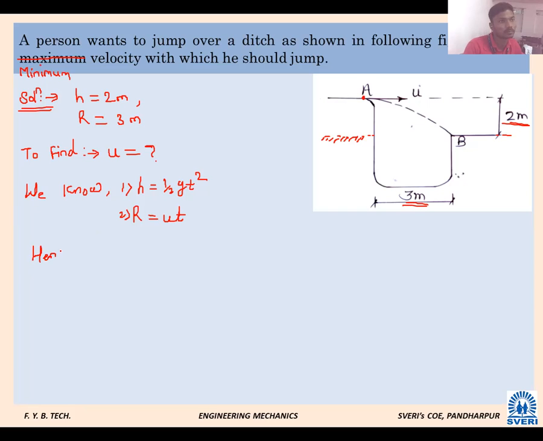Hence, H is equal to 1/2 GT square. Therefore, H is known, equal to 1/2 into 9.81 into T square. From this, calculate the value of T. Who will tell the value of T?